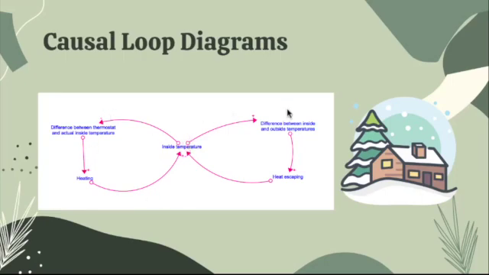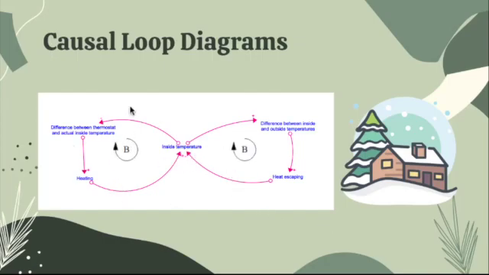While all of this is happening, we're also interested in the difference between outside temperature and inside temperature. The greater the difference between these 2 temperatures, the more heat is going to escape. And the greater the inside temperature, the more of a difference there's going to be. But then as more heat escapes, it's going to have a balancing effect or a negative effect on this inside temperature.